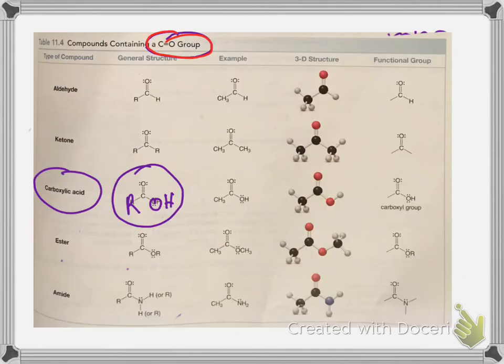So look right here. These are not separate functional groups or separate compounds, but you have a C double bond O and then R on one side, which are just carbons, and then an N on the other side. So if you have them right next to each other, that's called an amide.